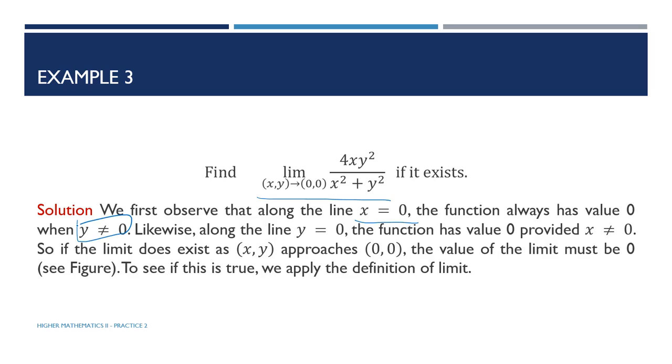Likewise, along the line y equals 0, the function has value 0 provided x is not equal to 0. So if the limit does exist as the point x y approaches the point 0, 0, the value of the limit must be 0. To see if this is true, we apply the definition of the limit from the theory part, which is lecture 2.